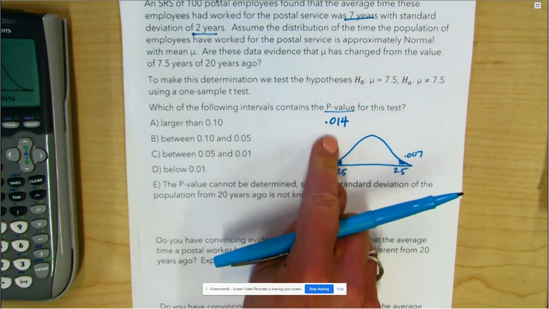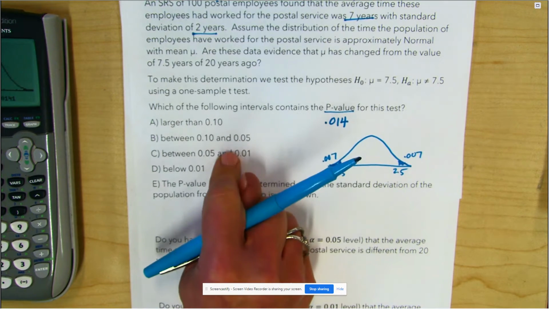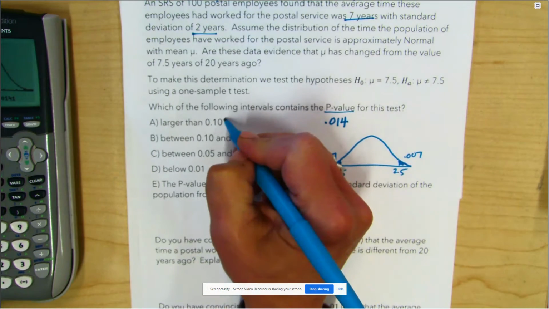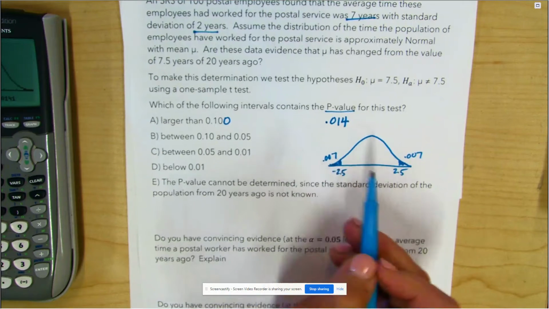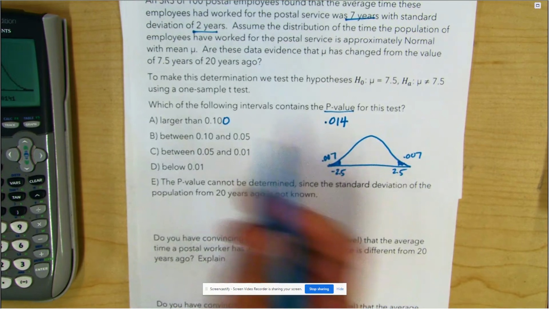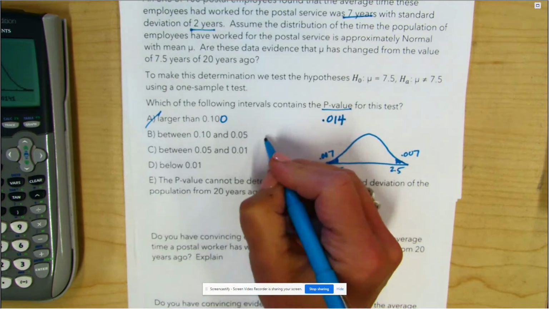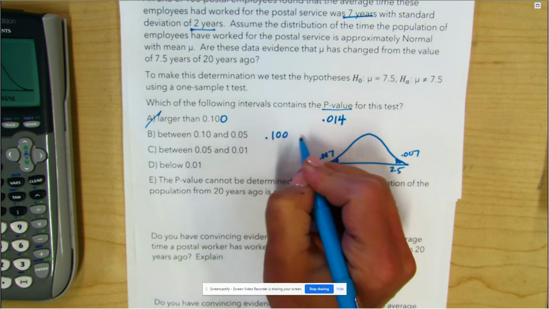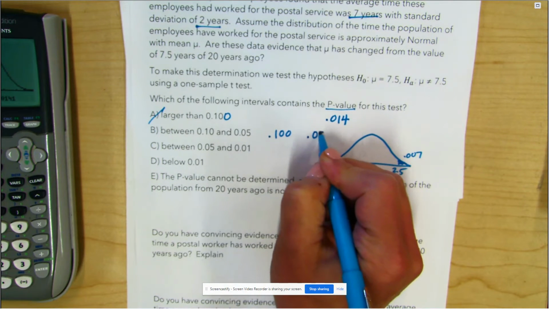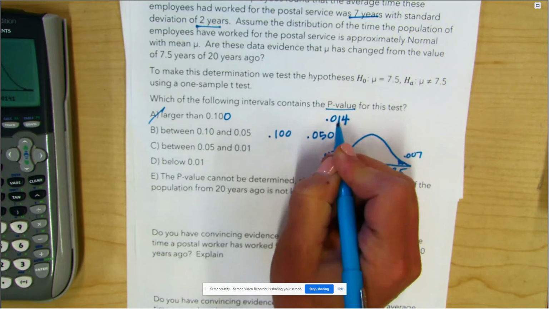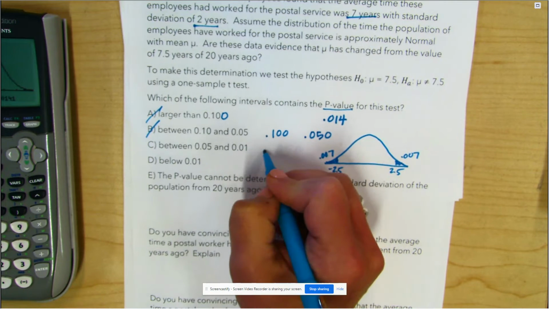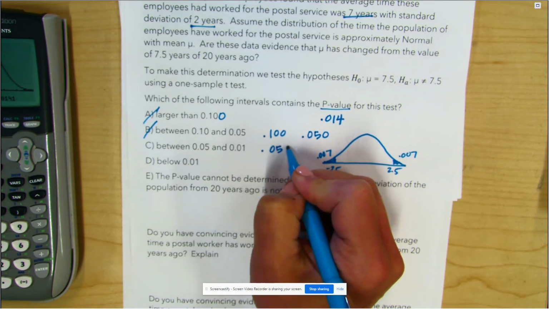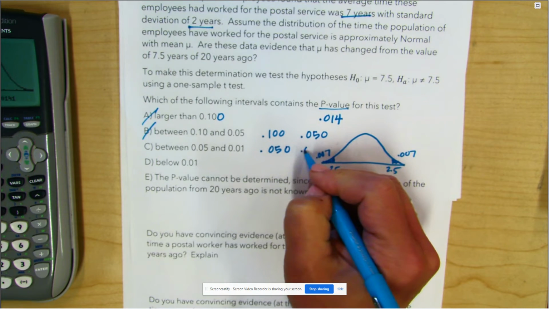Okay, so the fun part, where does that fall? Well, since this is in the thousandths, it's kind of hard for me to read decimals when they're all in different place values. So this is not larger than this, no. Is it between 0.100 and 0.050? No, this is 0.014. Is it between 0.050 and 0.010?